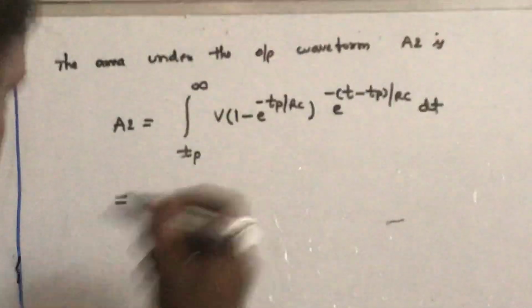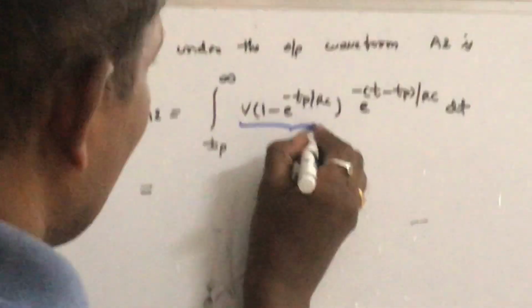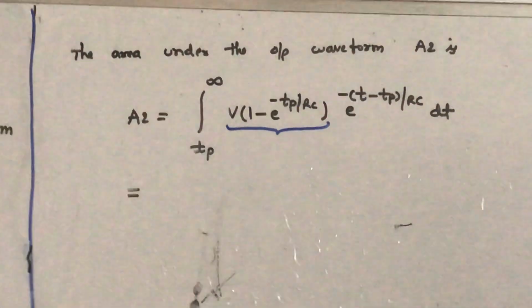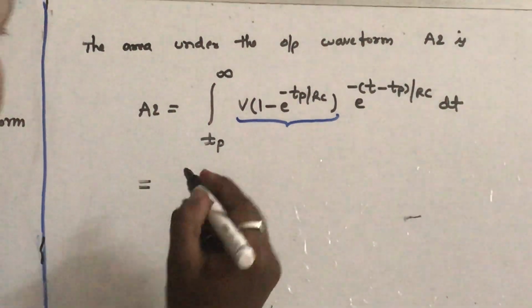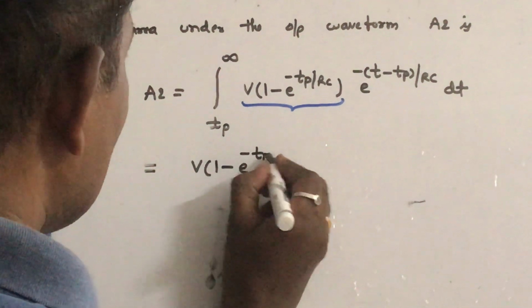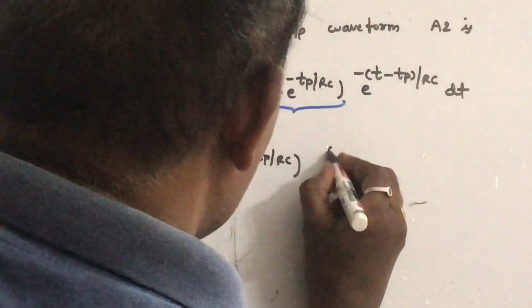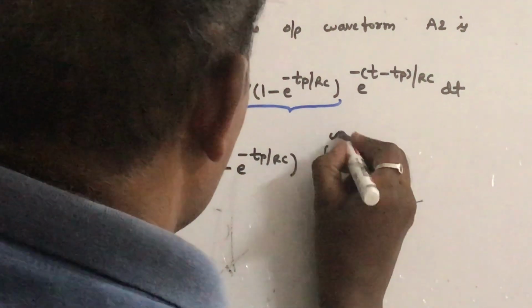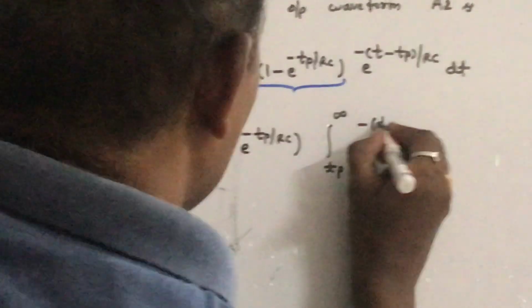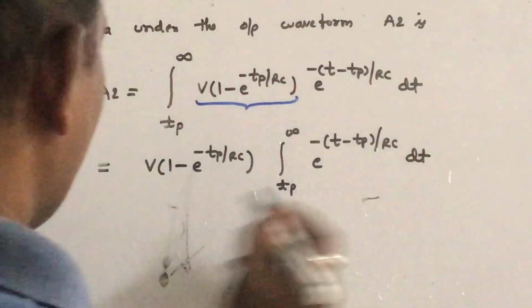Now in this, this term is a constant. You can clearly see that this term is an amplitude. So therefore V into 1 minus e power minus Tp by RC is a constant. So what is the rest of the integration? Integral Tp to infinity of e power minus of t minus Tp by RC dt.